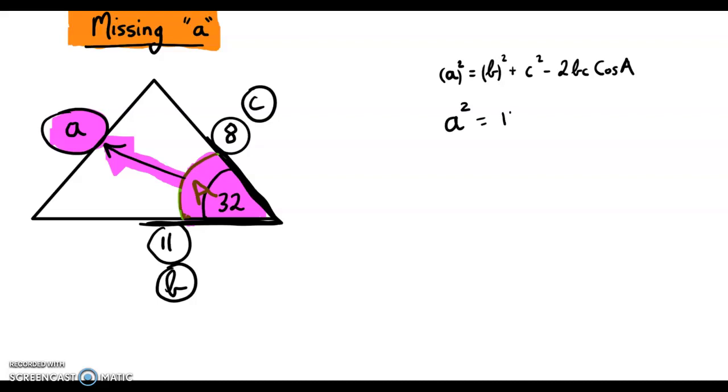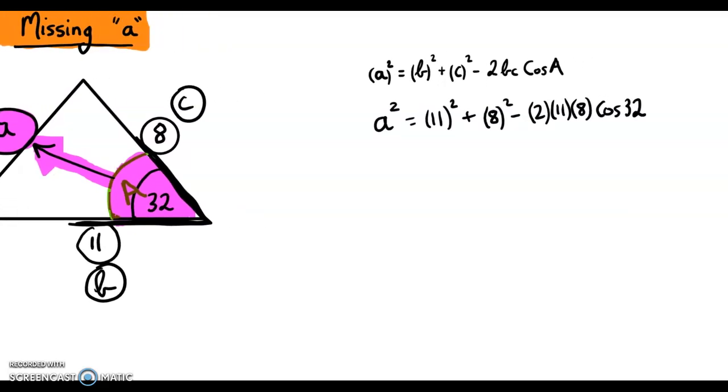Yes, it's 11. So it's 11 squared. Can I fill in for c? Yes, it's 8. So it's 8 squared, minus 2 by B by C by the cosine of 32, because that's what angle A is.